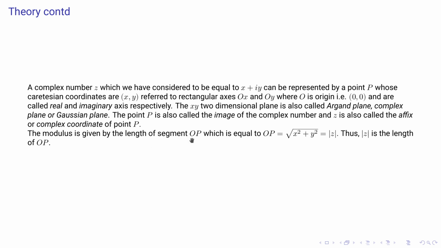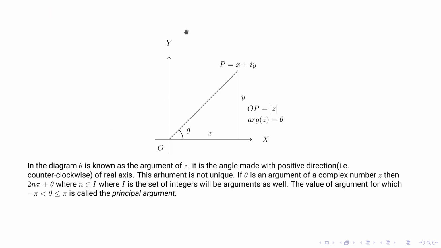Modulus will be given by the length of the segment OP, which will be equal to square root of x square plus y square, which is nothing but mod of z. Z is the length of OP. So if we see the complex plane, this is our x-axis, which will represent the real part. This is y-axis, which will represent the imaginary part, and this is point P, which is x plus iy.